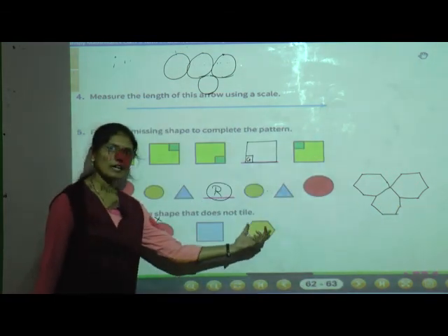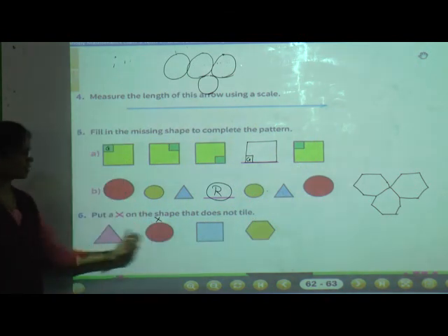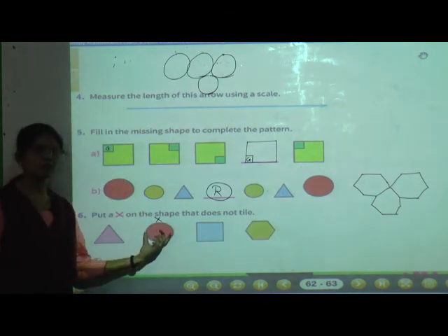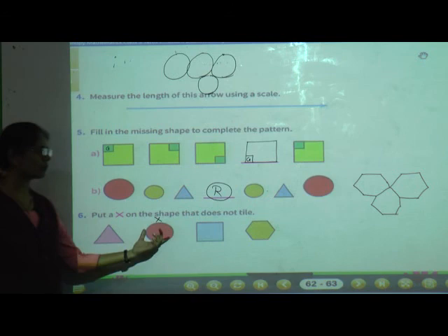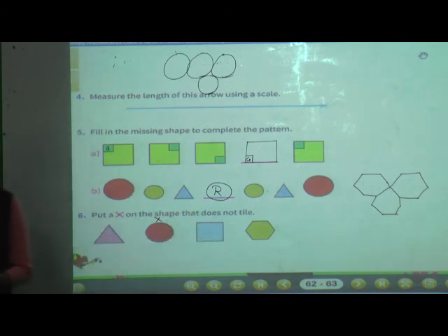So which one is our answer? Circle. With the help of circle we cannot make tiling. So in this way we have completed our mathematics A.